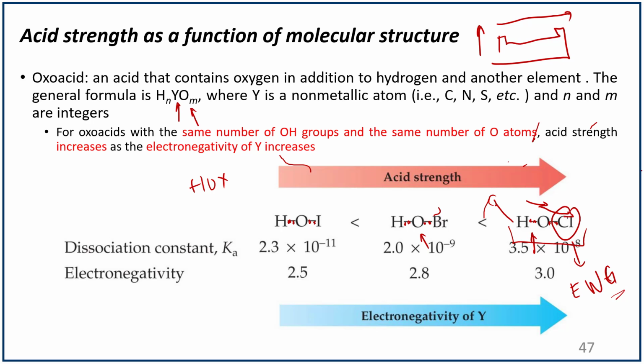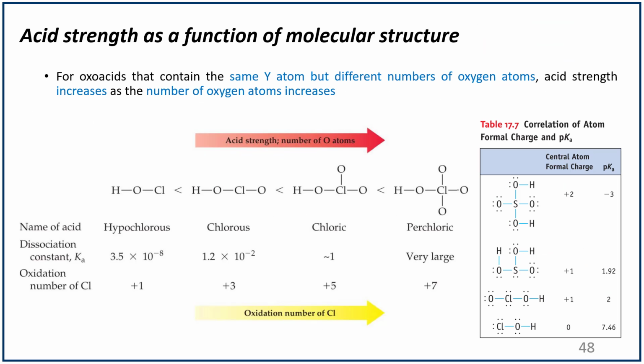Another kind of oxoacid that we should consider is, what if we have different numbers of oxygen atoms, and this time we have the same Y. Now oxygen, keep in mind, is also an electronegative element.